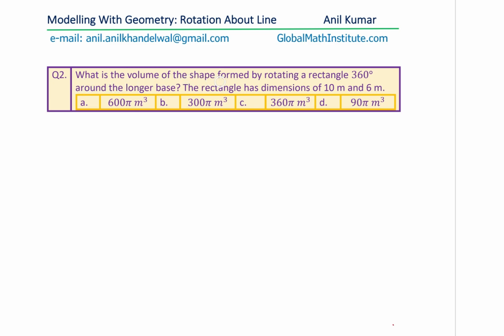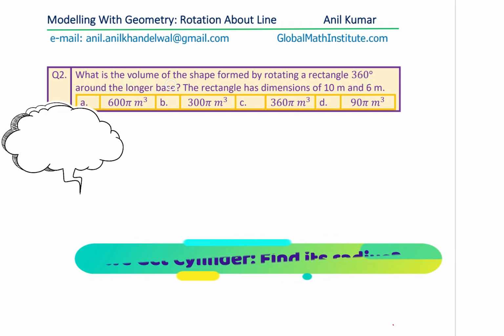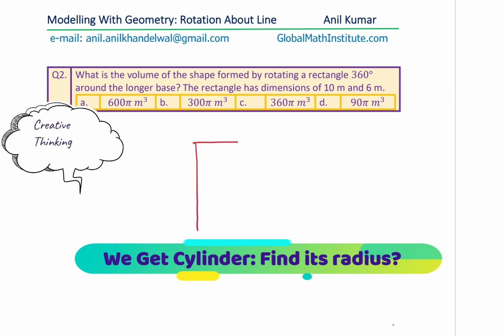What is the volume of the shape formed by rotating a rectangle 360 degrees around the longer base? The rectangle has dimensions of 10 meters by 6 meters. So if you have to rotate it along the longer base, you can again draw this rectangle. We know this is fixed, correct?